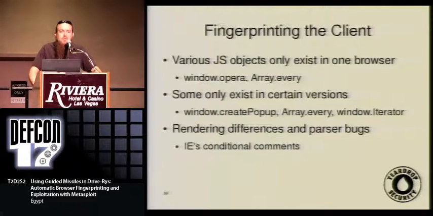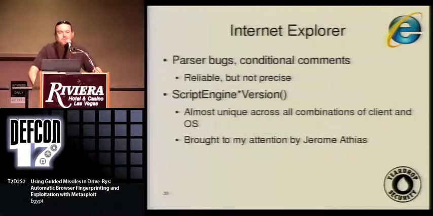So you could have a bigger comment for IE5 than for everybody else, and use that to determine that it's definitely IE5. The problem with this is it's not really precise. It's reliable, and it'll definitely tell us that it's IE 5.5 or older, but it only tells us that.